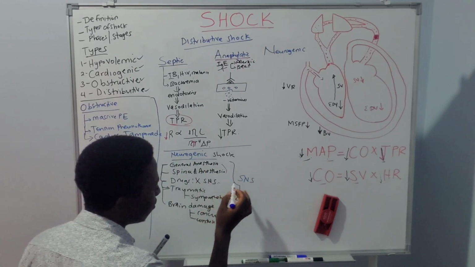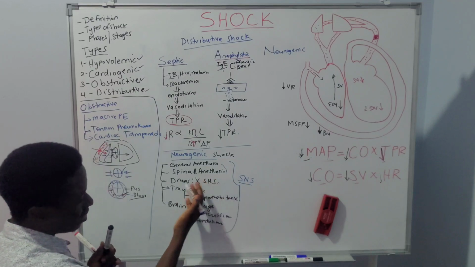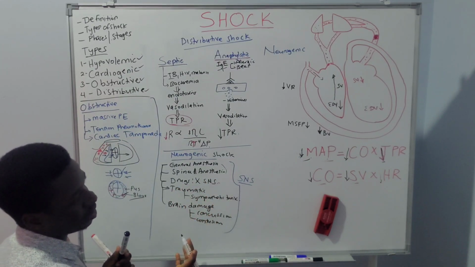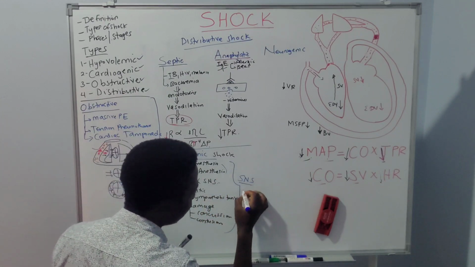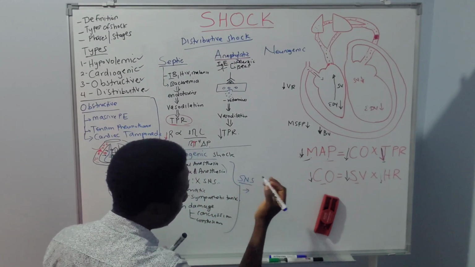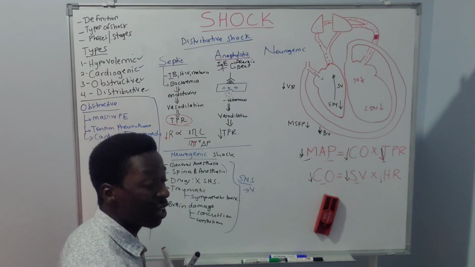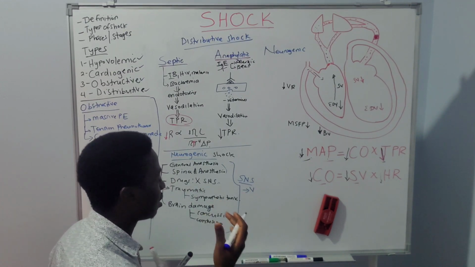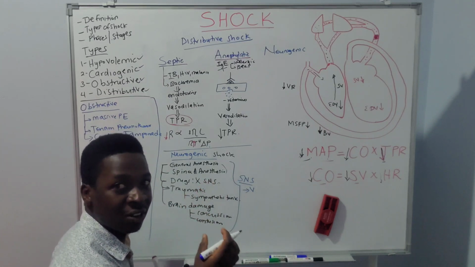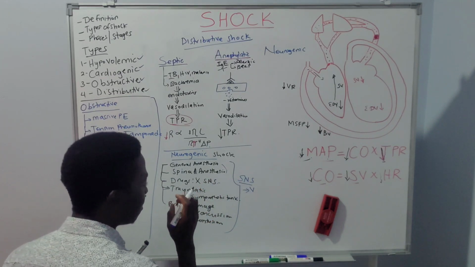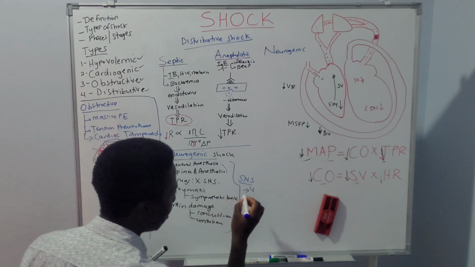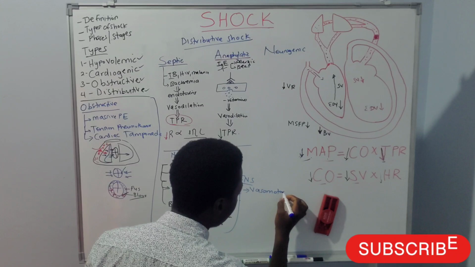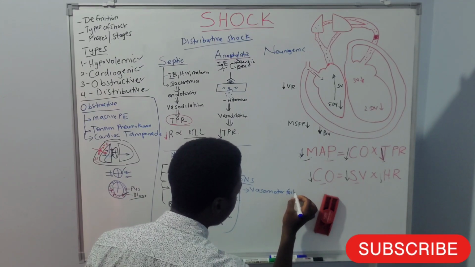When you damage the sympathetic nervous input into these vessels, remember, vessels are usually under a vasomotor tone, which is brought about by the activity of the sympathetic nervous system. So when you lose this input, you're going to get a vasomotor tone failure.